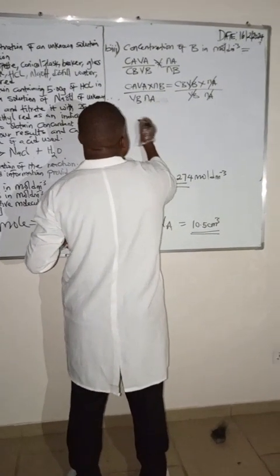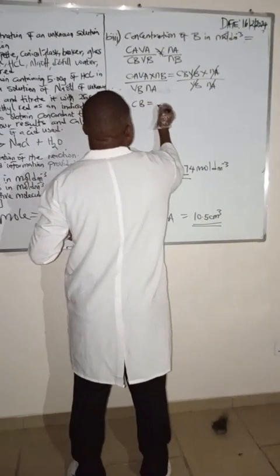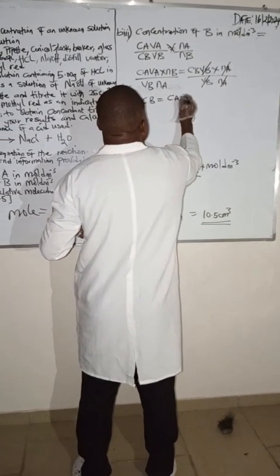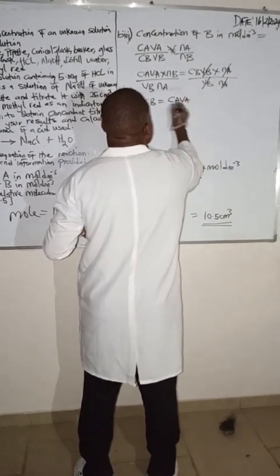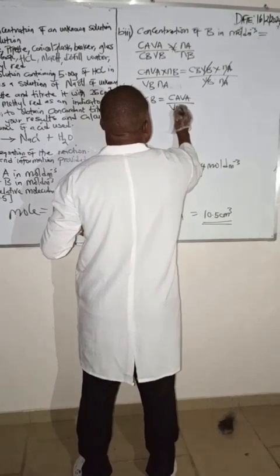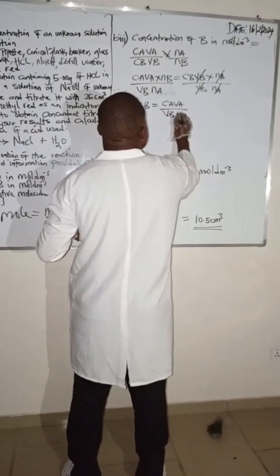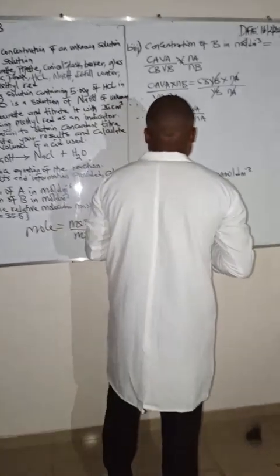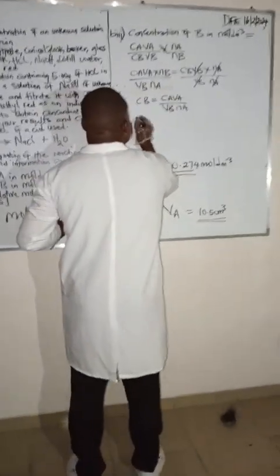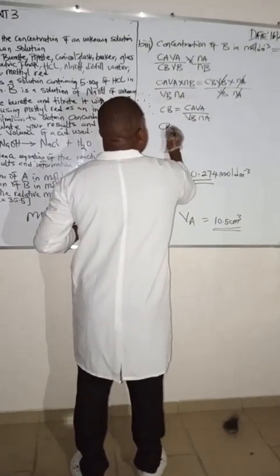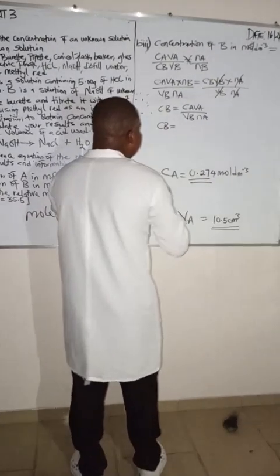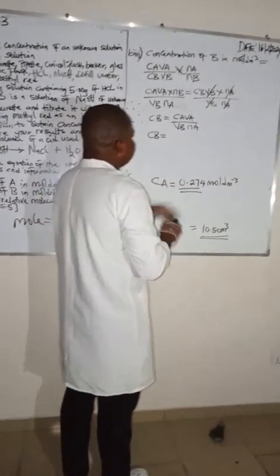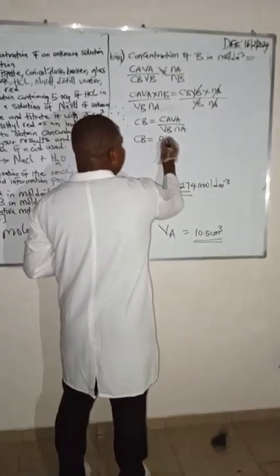So therefore CB will be equal to CAVA all over VB NA. You get that? Yes, sir. Now, our CB will be equal to our CA, which is this.